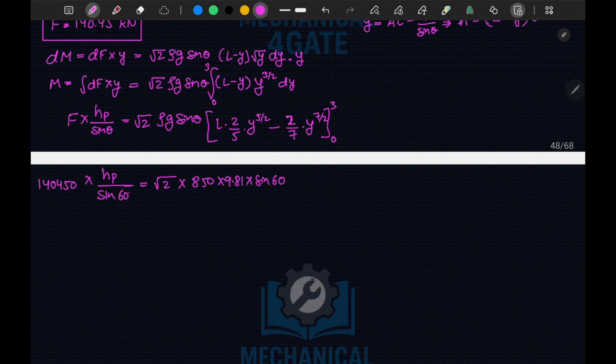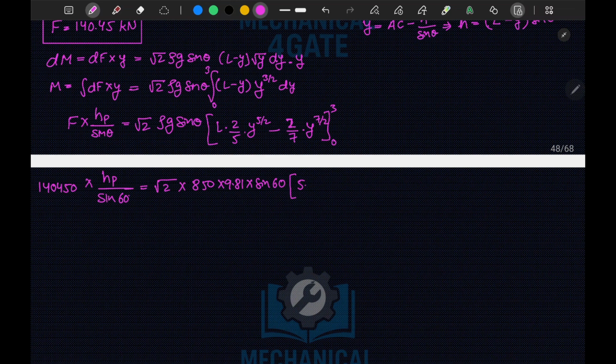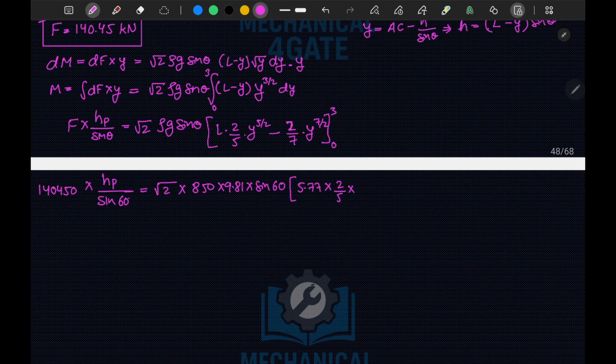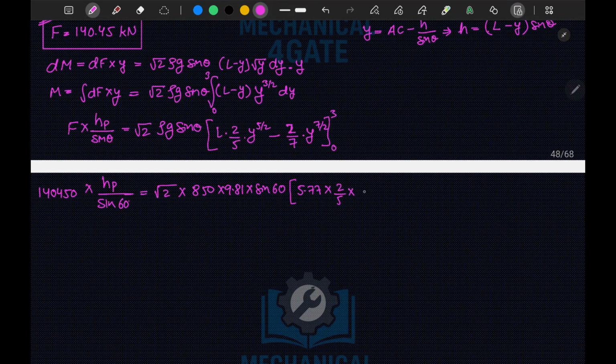Now substitute the values: L is 5.77 into 2 by 5 into y, which is 3, so 3 to the power 5/2, minus 2 by 7 times 3 to the power 7/2, and minus 0, so that term becomes 0.